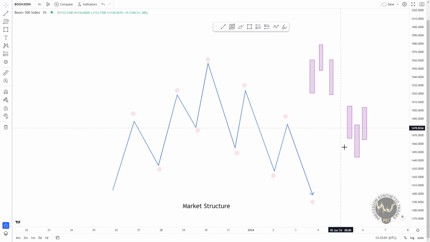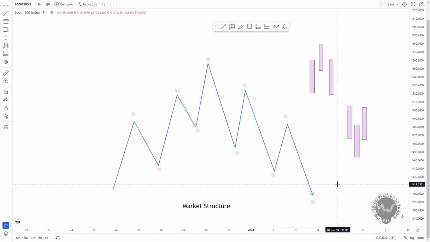For the swing lows, your middle candle needs to be lower than the candle on the left and the candle on the right. So swing high, swing low, swing high, swing low. That's the basic market structure you need to look out for.